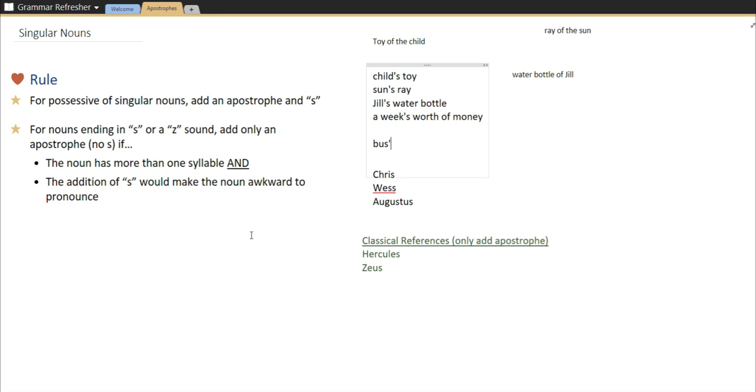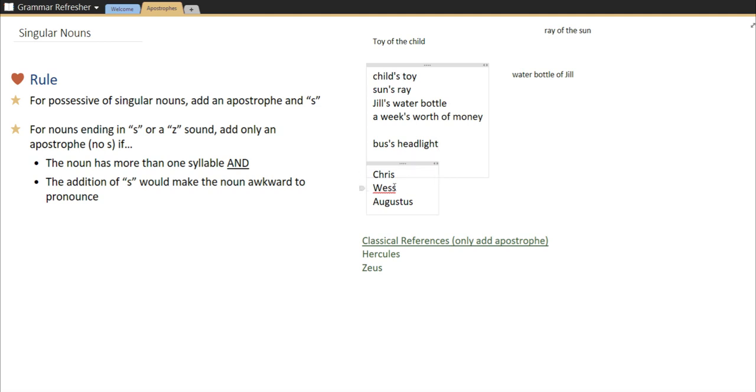Bus is one syllable, so to make that possessive, you actually add the apostrophe and the S. Plus, it's not hard to say: the bus's headlight. And this is where some folks would just add the apostrophe, thinking every time a word ends in S, all I do is put an apostrophe on it, and that's not true.